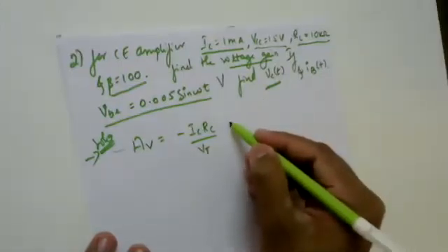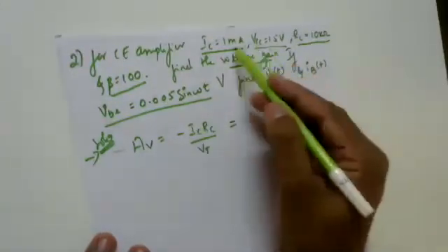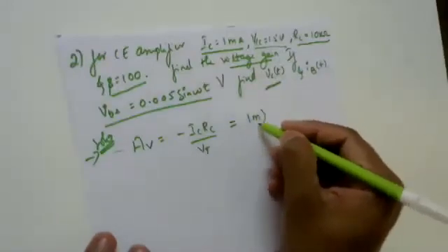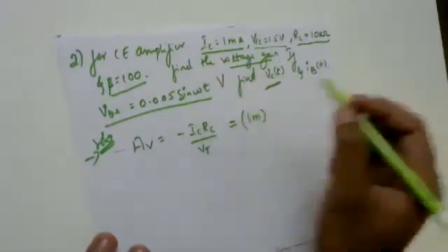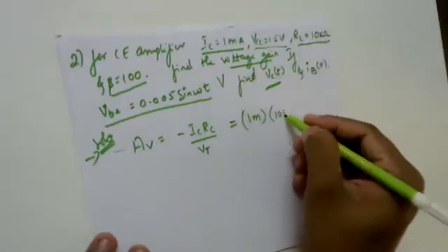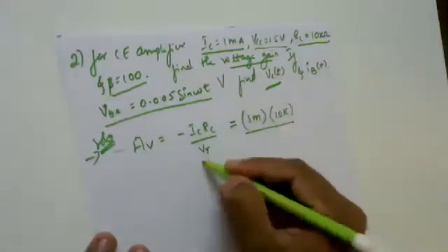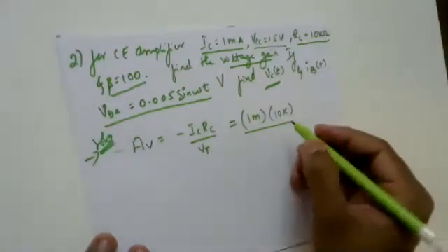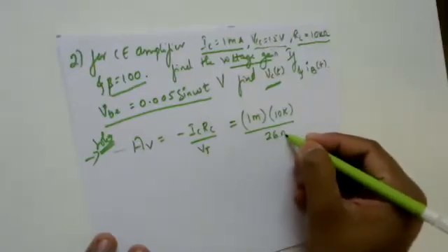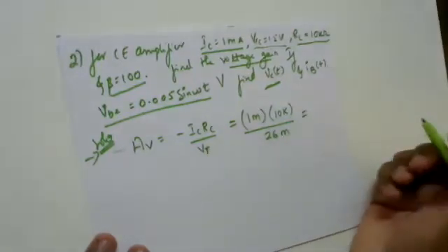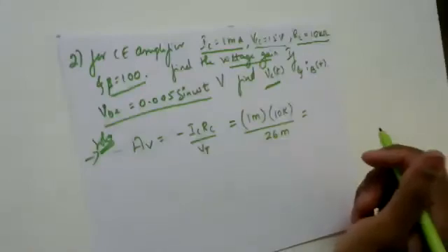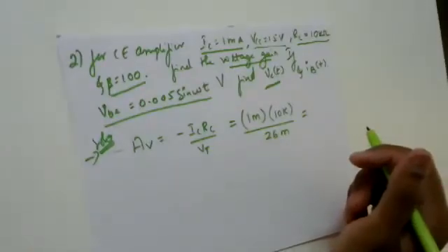The value of IC is 1 milliamp, the value of RC is 10 kilo ohms, divided by VT, which is 26 millivolts. What is the value of the gain?